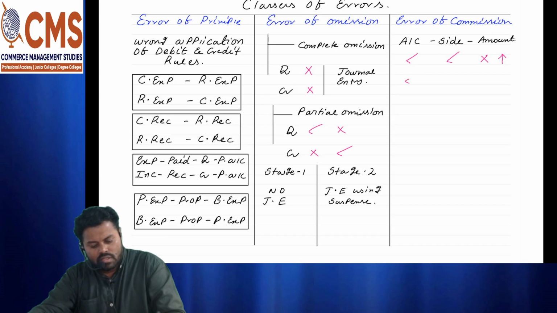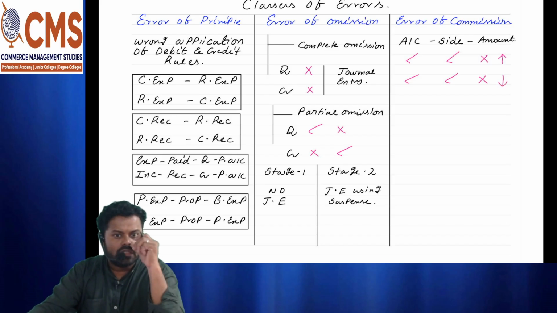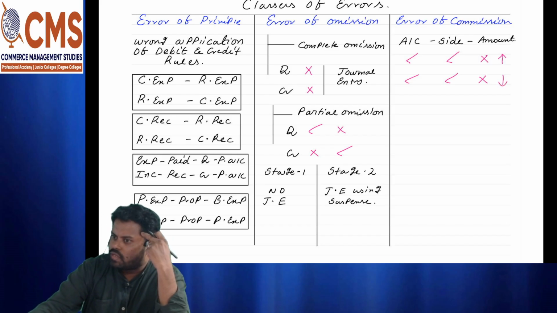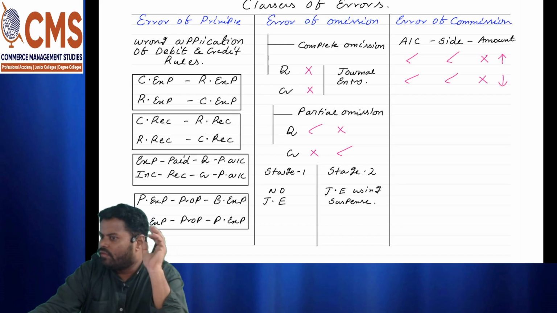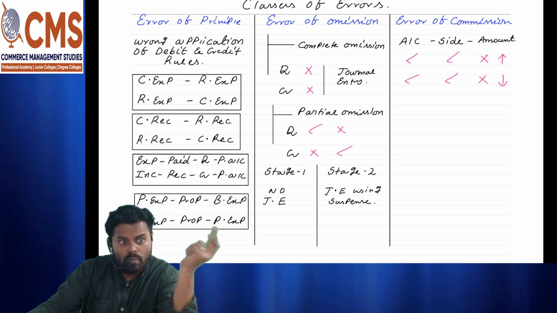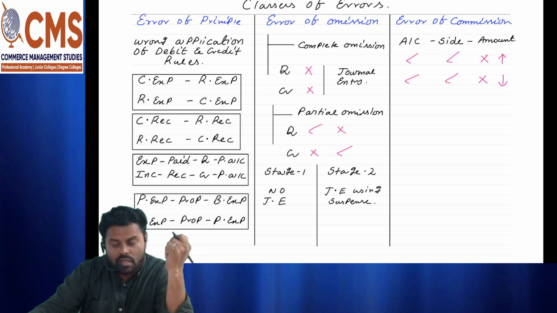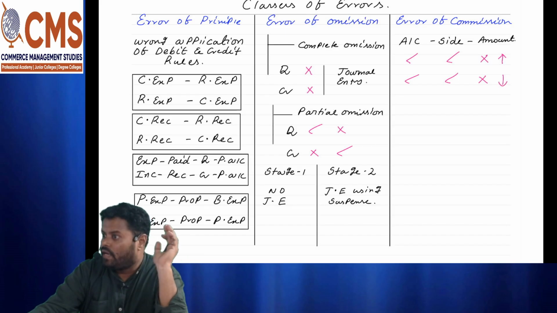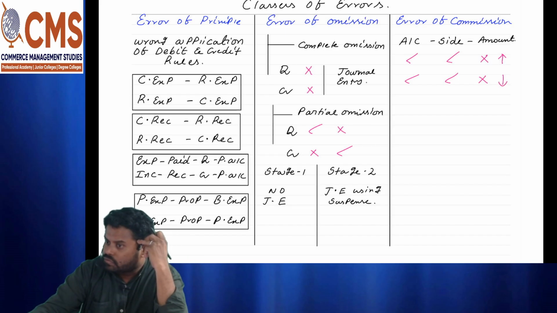Okay. Second combination is very simple. I wrote a shorter amount. Instead of writing 2500, I wrote 2000. I will write another 500 there. It will become 2500. So overcasted adjustment has to be done on the opposite side. Undercasted adjustment should be done on the same side. Am I being clear with it?